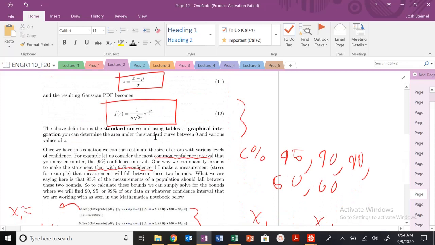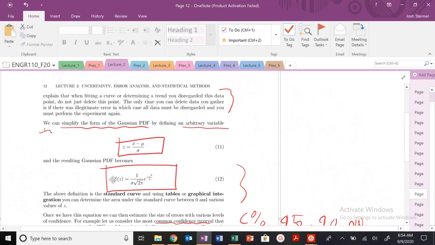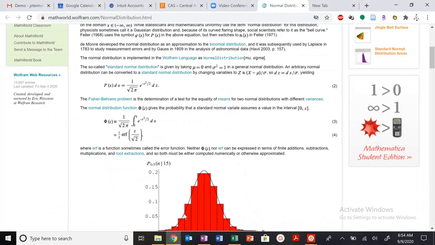You rewrite our expression, and this is what it becomes. If we want to use this function to get our probabilities, we have to make one more little step that's kind of a hidden one in the notes. It's shown and explained well in Mathematica.